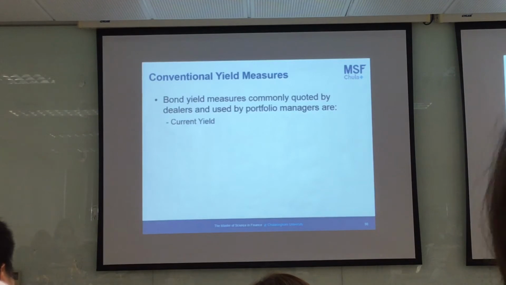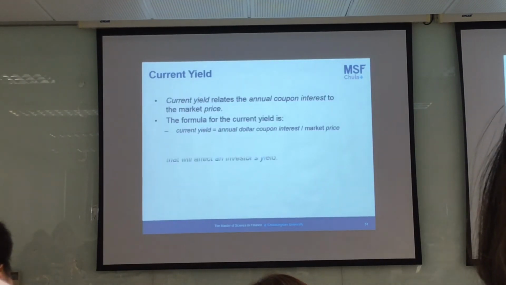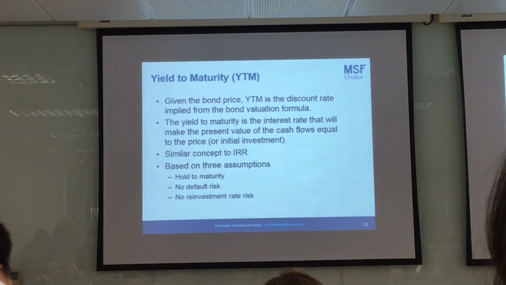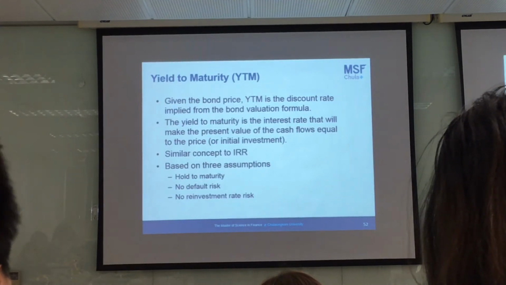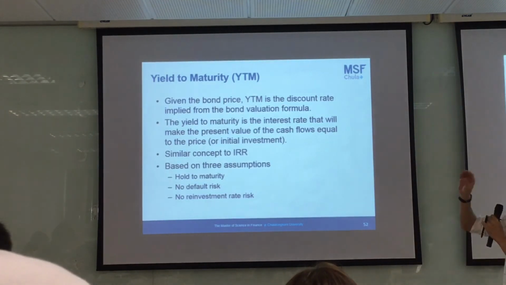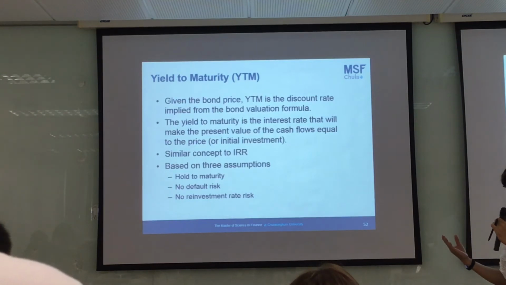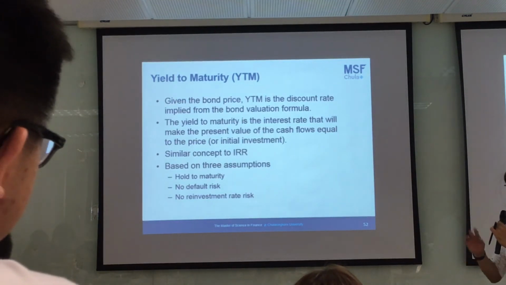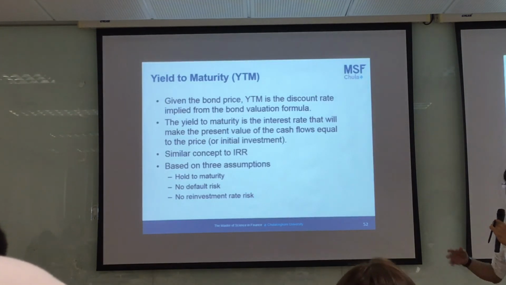So suppose that instead of being given or assuming the yield to maturity, you observe the bond price. Then you can estimate R based on the bond valuation formula. If you put in the price, you can estimate R. However, if you solve for R by hand, it may be hard because you have to deal with a polynomial function.